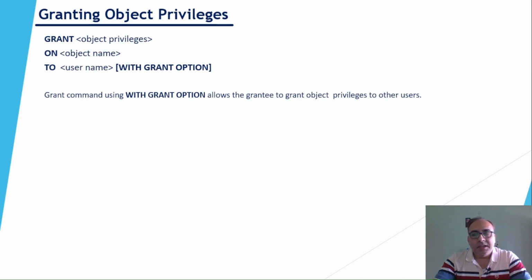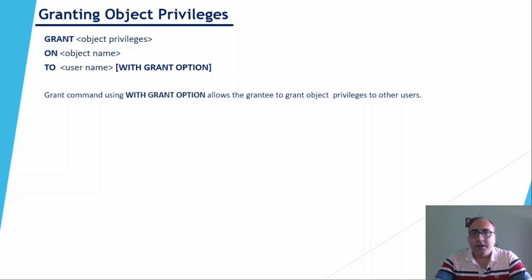He will not have the ability to assign it to other users, so that particular object privilege cannot be further delegated. In that way, it provides more security. Only the authorized grantee can further delegate this particular access to other users.